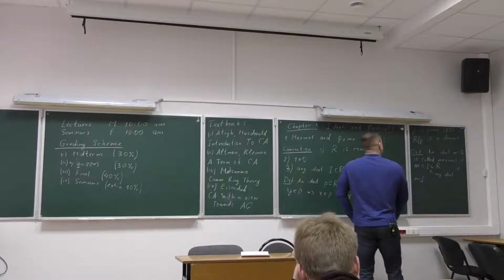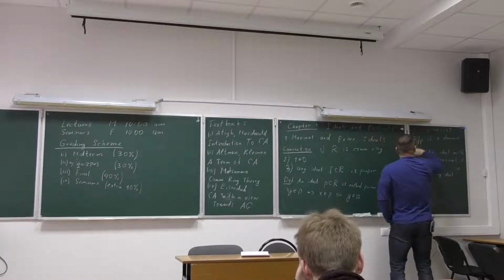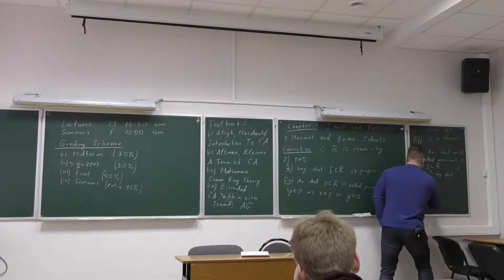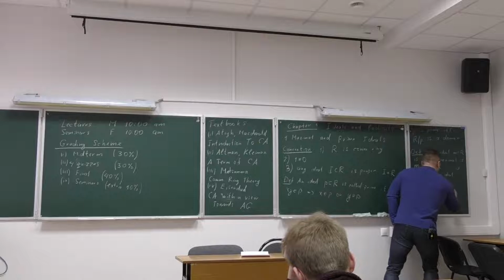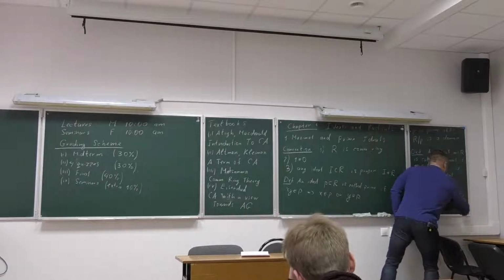So quite natural definition. And if you have this property for prime ideals that the quotients are domains, for maximal ideals we have the following. So m is maximal if and only if the quotient R/m is a field.